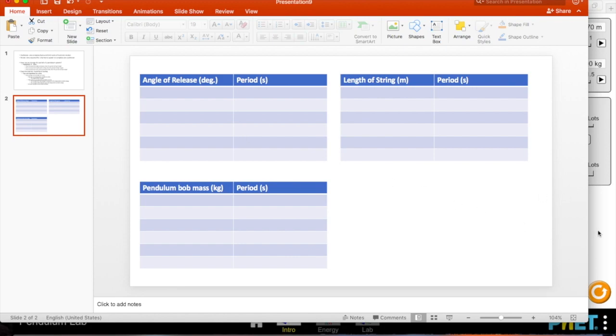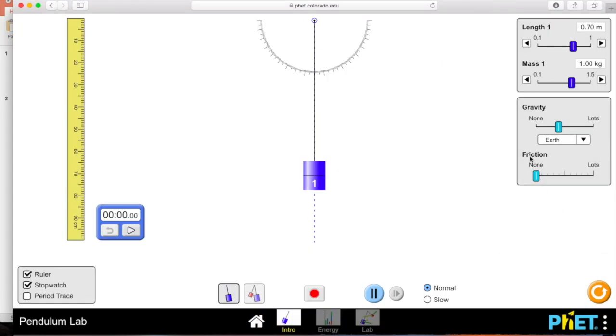Okay, so the first hypothesis that we're going to test and get data for is the angle of release. So I have got to keep the mass constant throughout all these trials. I got to keep the length of the string constant throughout these trials of angle of release. So I'm not going to touch those at all.